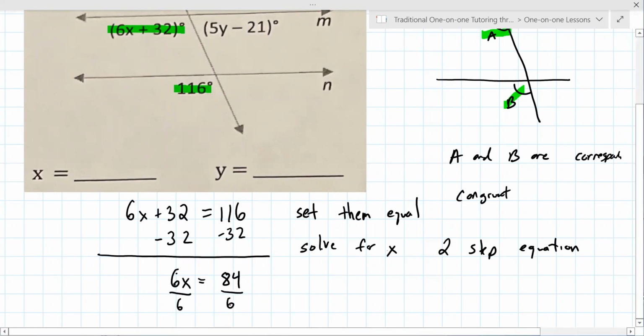Yeah, and again, if you've got a calculator handy, you can give me the correct answer here. What does x equal?